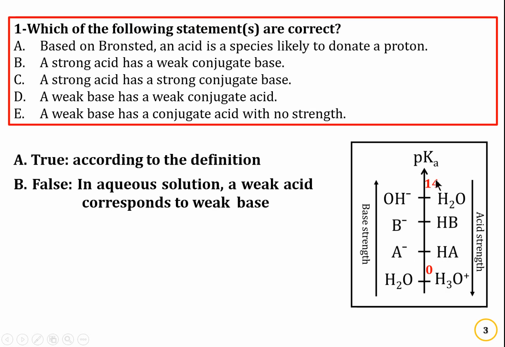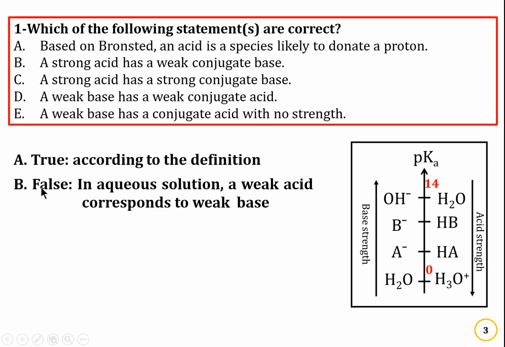So according to this increasing order of pKa, as pKa increases, the strength of the base increases, and as pKa decreases, the strength of the acid increases. So OH- is the strongest base, and H3O+ is the strongest acid.